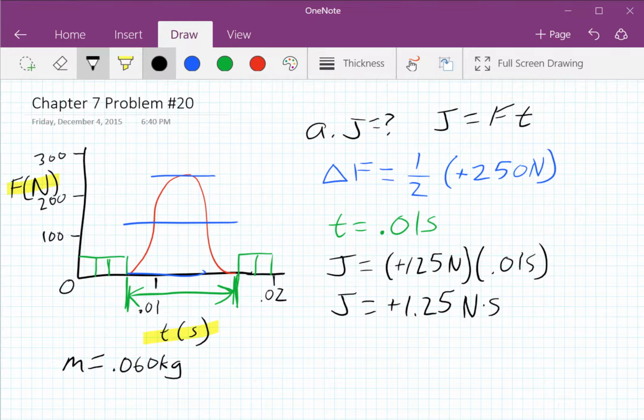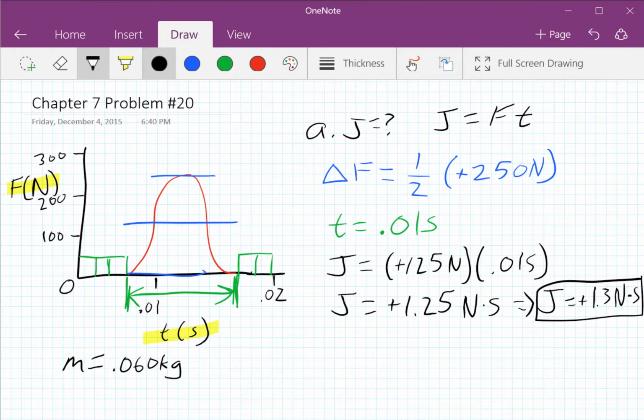Okay, but based on the mass and based on the fact that they have those pieces in between, 2 sig figs would have been most appropriate. You would have had the impulse equal to a positive 1.3 Newton seconds. And that's for part A, because of the mass and because of the fact that you can break that graph down into pieces.